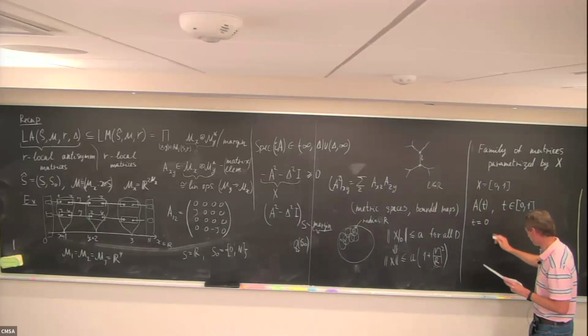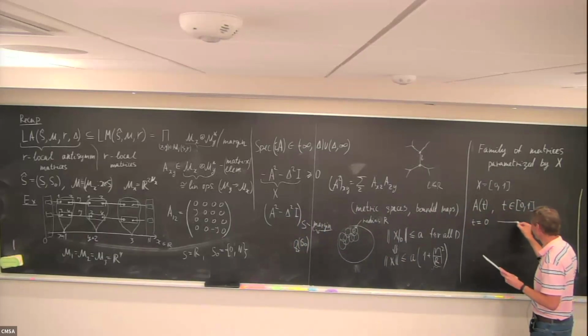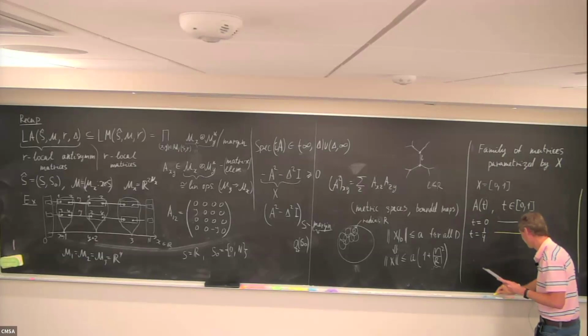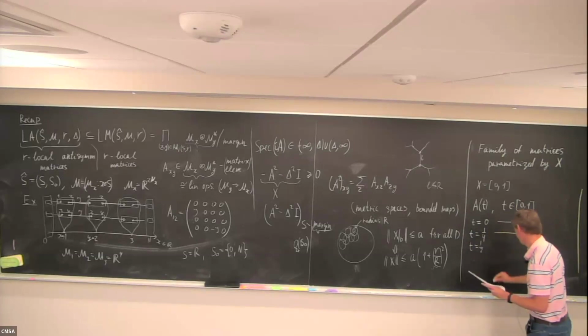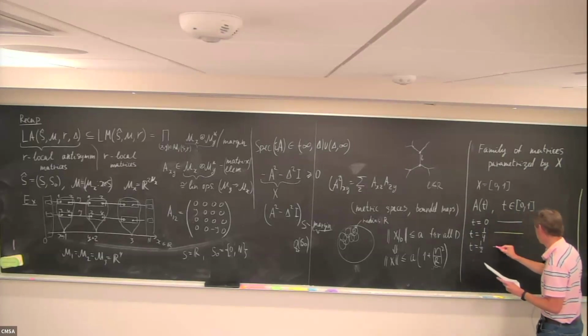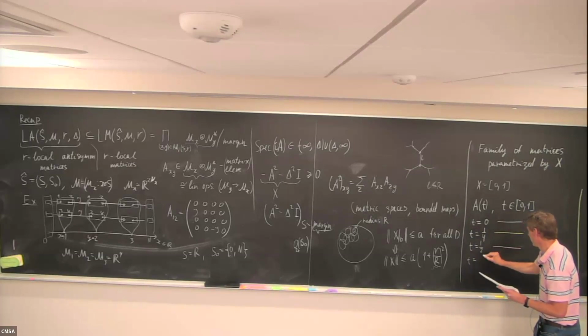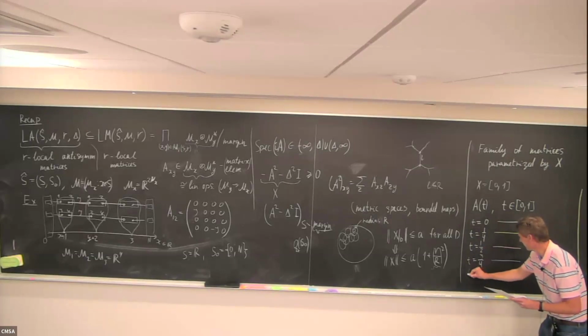T equals 0, let it be white. T equals 1/4 will be yellow. T equals 1/2 will be pink. And T equals 3/4 blue. And T equals 1 green.